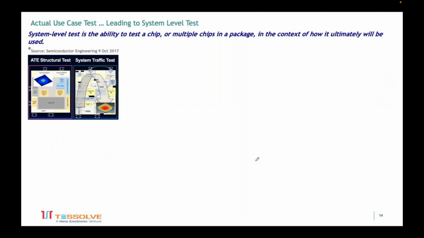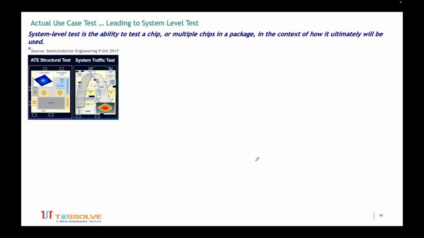But most of the time, the OSAT's way of looking at it is that you do some structural tests, some functional, some memory based. These are all like silos; individually we test the blocks, and if all the blocks pass, we say that the device passes.